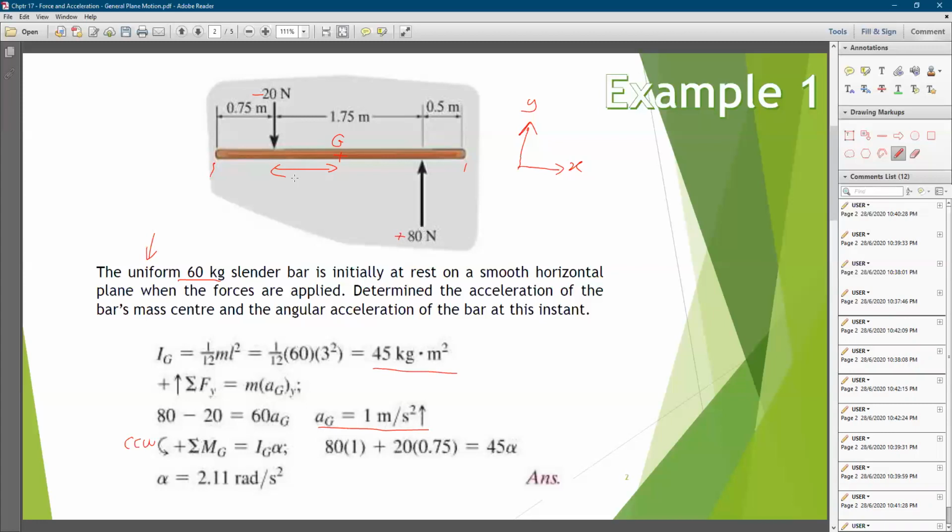Sorry, this one should be 0.75, because it should be in the middle.